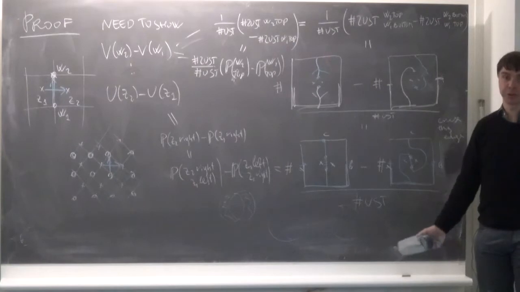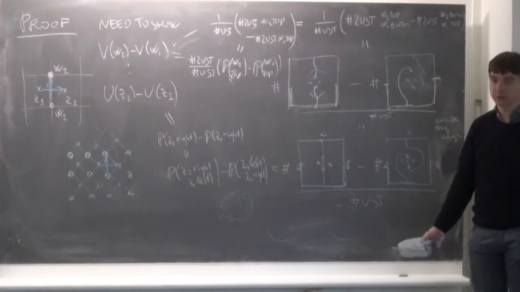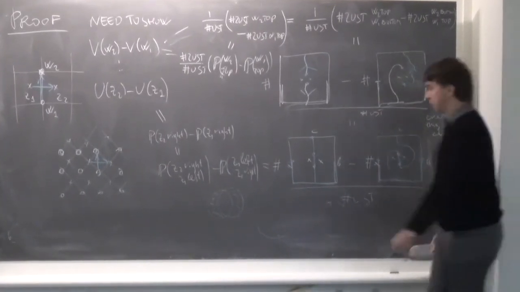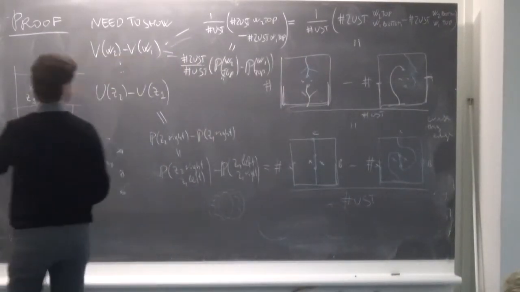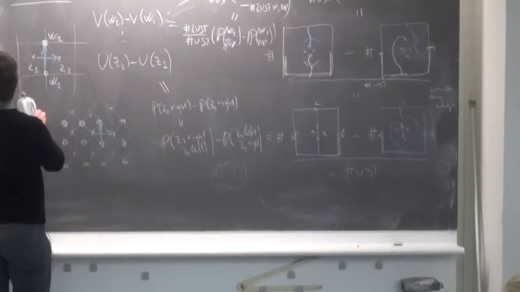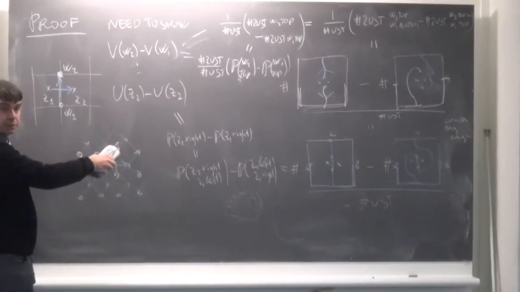We have to know boundary values, because otherwise they will be useless. And the boundary values are quite easy. So can I erase this proof?